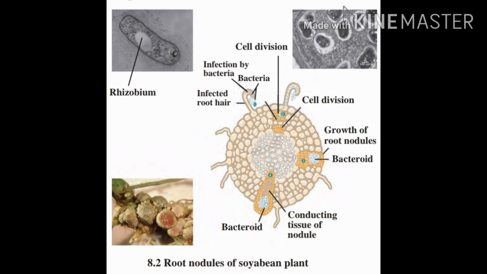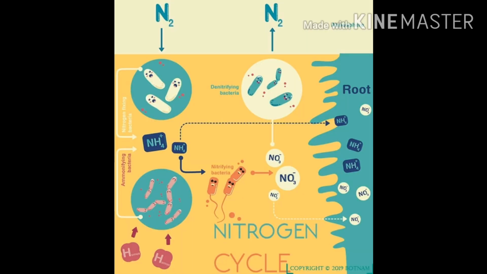These bacteria are very useful to plants because they bring about nitrogen fixation, in which atmospheric nitrogen is converted into nitrogen compounds like NO2, NO3 and ammonia.